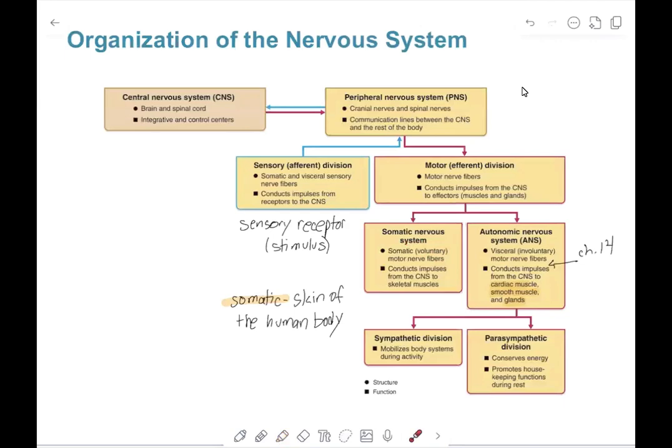And it has two subdivisions called the sympathetic and parasympathetic. The sympathetic division, you may have heard before, is called the fight or flight division, and the parasympathetic is the rest or digest nervous system.